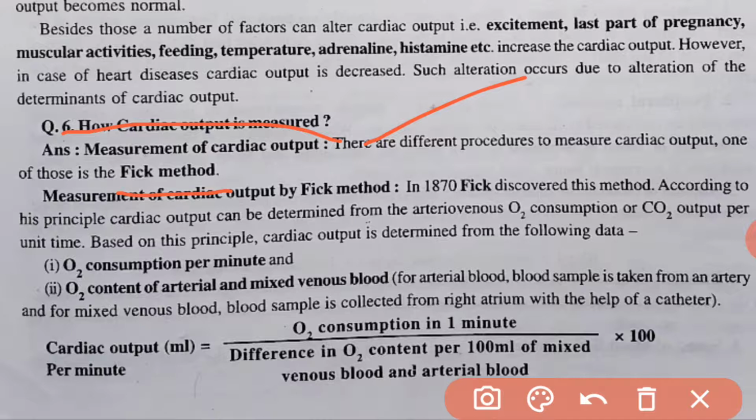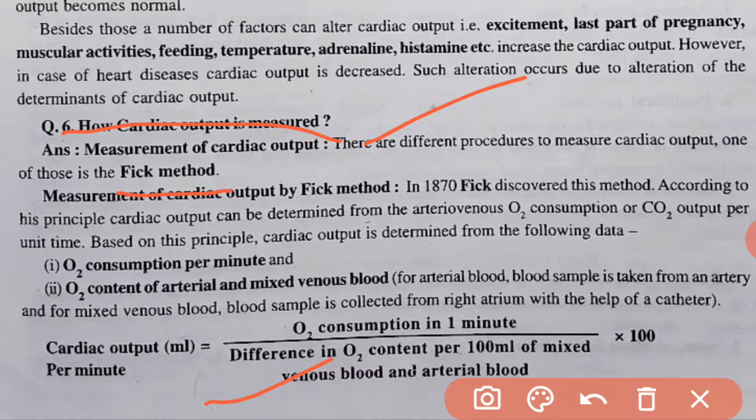In 1870, Fick discovered this method. According to this principle, cardiac output can be determined from the arteriovenous oxygen consumption or CO2 output per unit time.